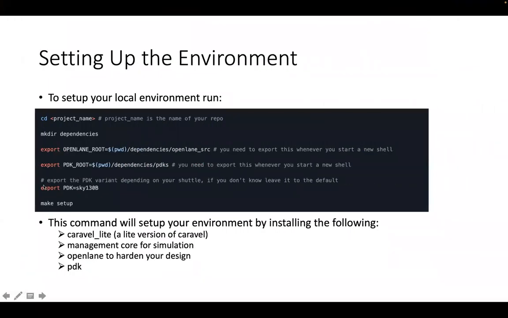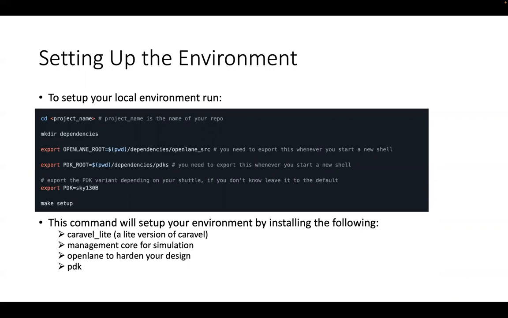Okay, in setting up your environment, we also recommend exporting the PDK you wish to use. Here we use the Sky130B PDK. You should export the PDK variant depending on the shuttle you wish to submit your project on. If you don't know exactly what the shuttle requirement is, you can leave it at the default.